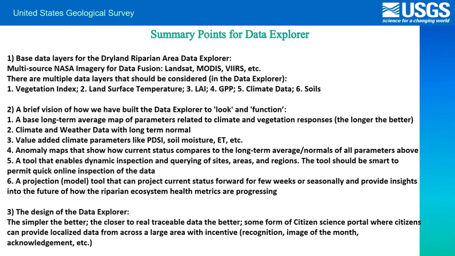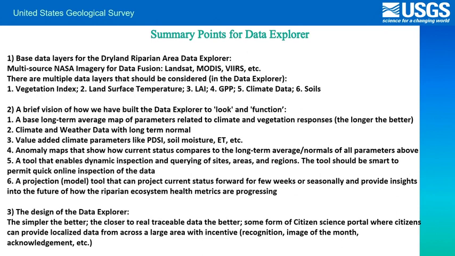A brief vision of how we have built the Data Explorer to look and function is that we have a base long-term average map of parameters related to climate and vegetation responses, the longer the better, climate and weather data, value-added climate parameters, soil moisture, ET, this kind of thing.